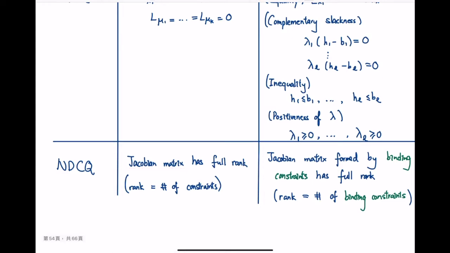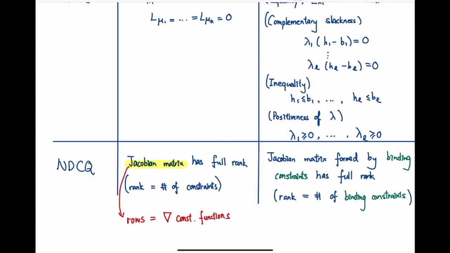The Jacobian matrix is formed with rows given by the gradients of the constraint functions. And you want the Jacobian matrix to have full rank in order to satisfy the NDCQ. What does it mean by full rank? That means that the rank equals the exact number of the constraints.